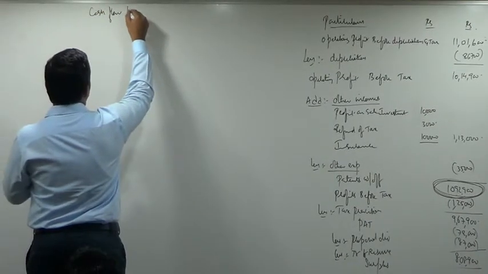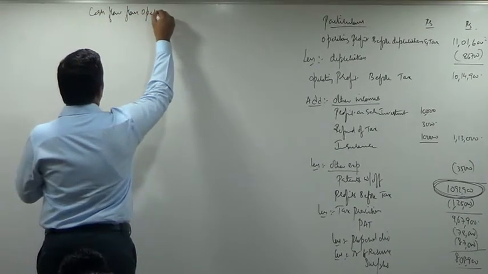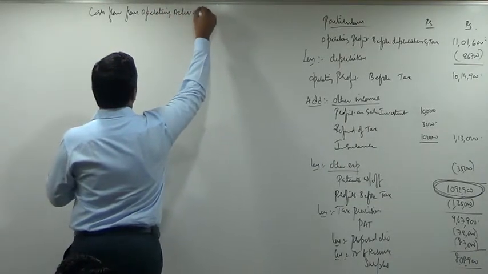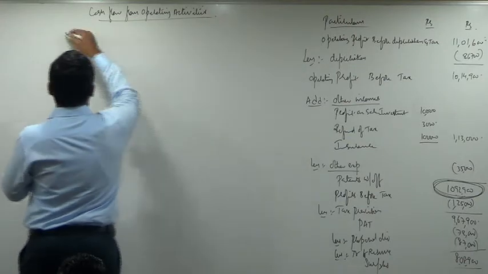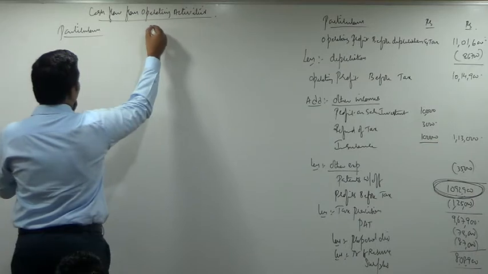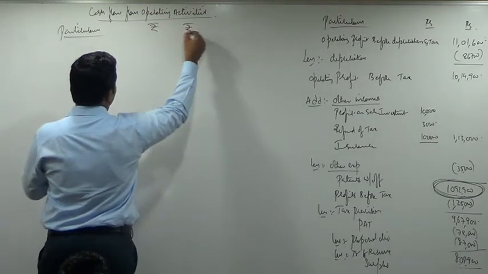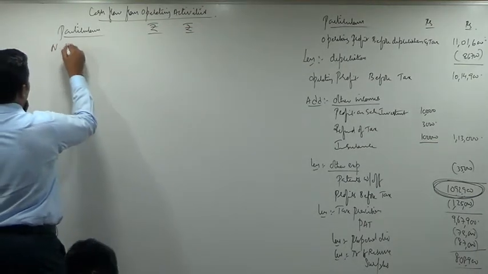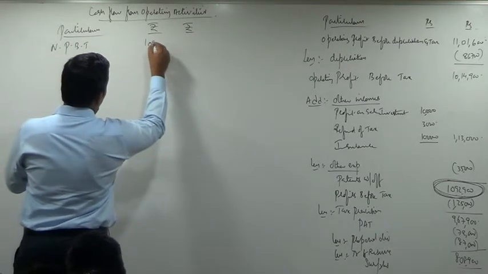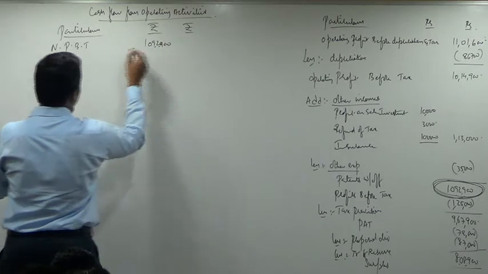Cash flow from operating activities. Particulars, rupees. Net profit before tax 10,92,900.